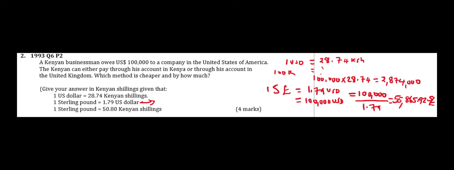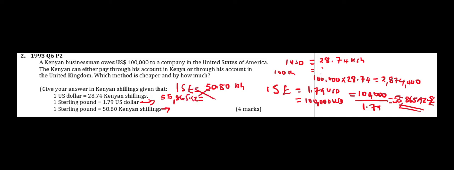Okay, so we convert this sterling pound into Kenyan shilling again, so that the two currencies should be the same, because this one is in Kenyan shilling and this one is in sterling pound. So the conversion rate for the sterling pound is this: 1 sterling pound is equivalent to 50.80 Kenyan shilling. So what about 55,865.92?